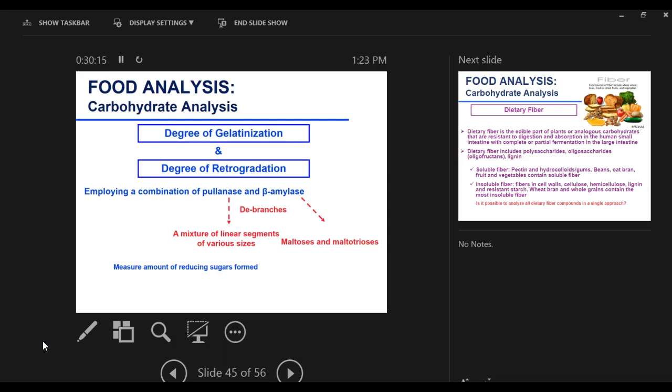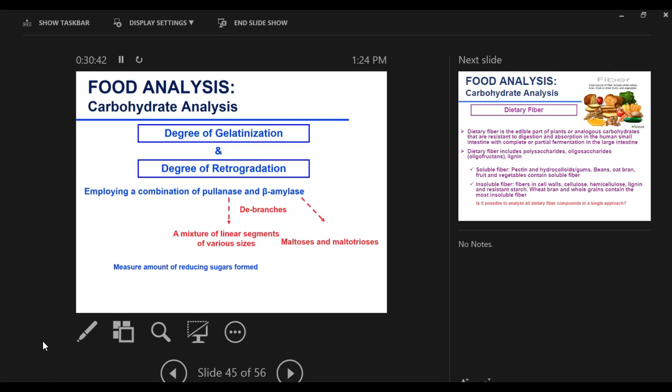Okay. And if we look at degree of retrogradation, if we're following starch retrogradation over storage, for example, then what we will see is a reduction in the amount of reducing sugars that can be produced. Why? Because retrograded starch will not be hydrolyzed by pullulanase and beta amylase. So less reducing sugar will be produced.